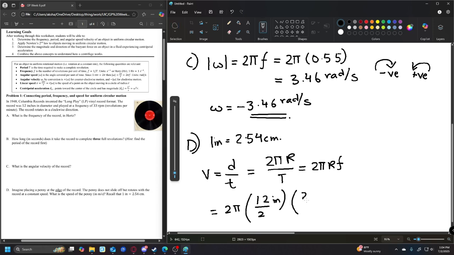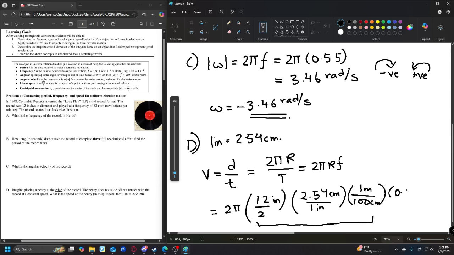We know that 1 inch has 2.54 centimeters, and we know that every meter has 100 centimeters in it. And so now the radius is in meters.